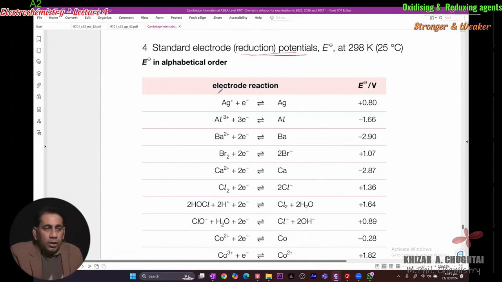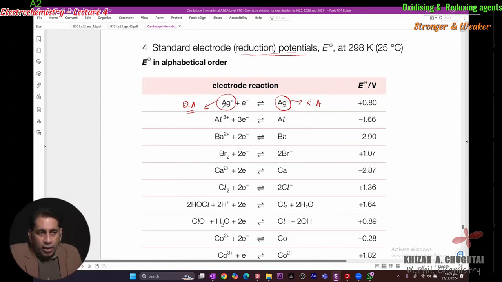The species present on the left hand side are said to be oxidizing agents, number one. And the species present on the right hand side will be reducing agents. It's a fact, and it's always true, whenever you examine an equation.